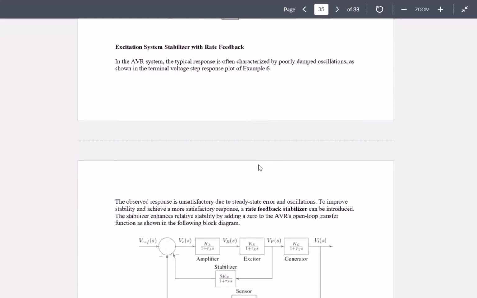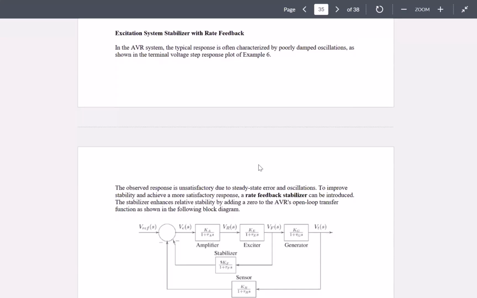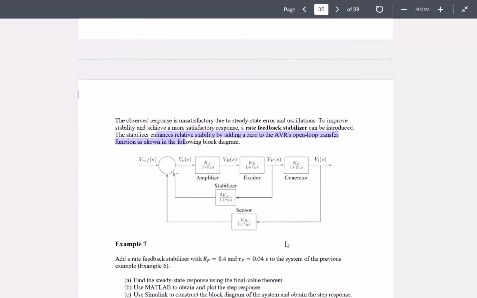The way that we can improve the performance of the AVR system, first of all, is through a rate feedback. The rate feedback, which we call a rate feedback stabilizer, will enhance the relative stability by adding a 0 to the AVR's open loop transfer function. And that's through here.